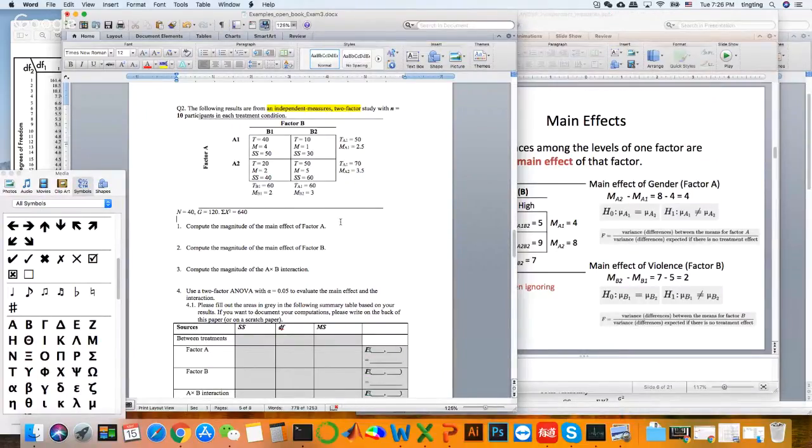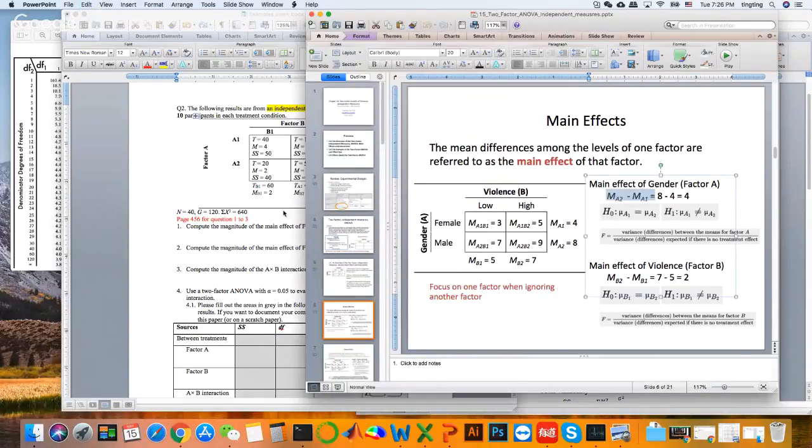Also, you can find all this in the textbook, which is which page? Let me check. Page 4 from my PowerPoint. So here we can use this formula.